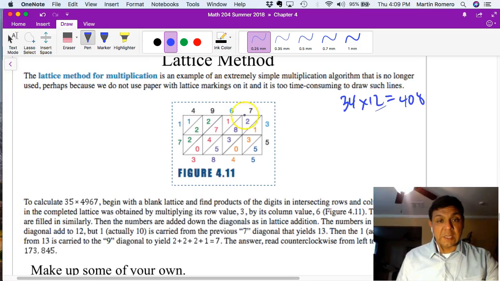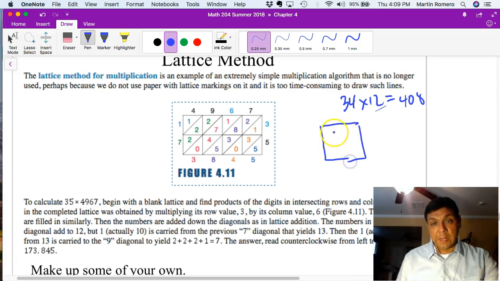In these cases, what happens is you end up drawing something similar to an area model. Here's your 34, here's your 12, and in each location you have what we call lattice.